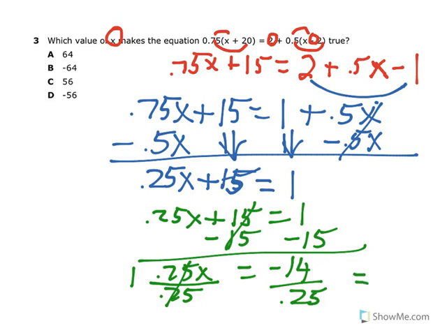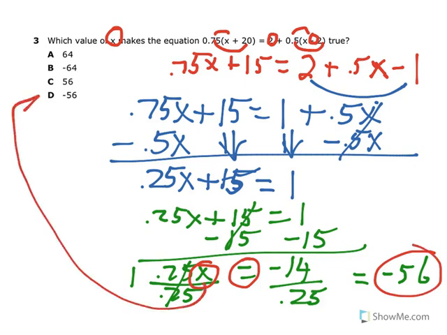So equals negative 56. So go back to red here. x is equal to negative 56. Lo and behold, there it is. And that's how you do those types of problems.